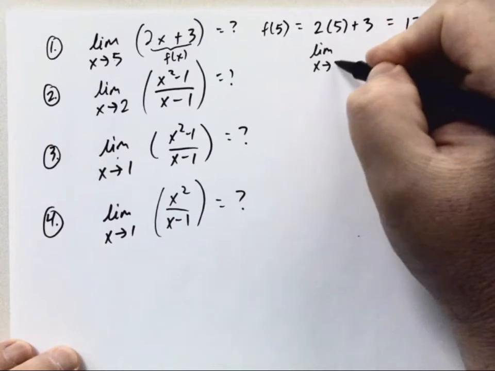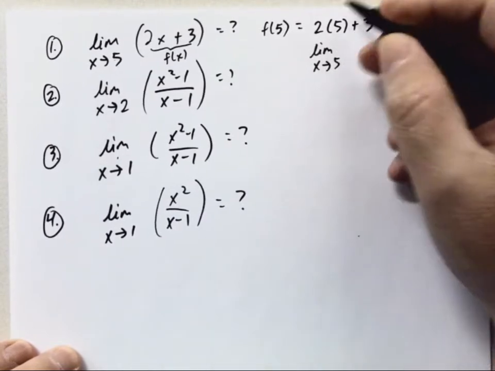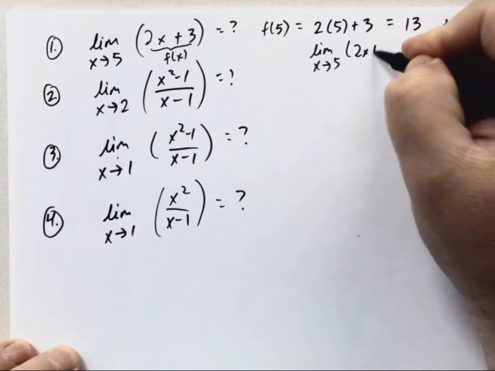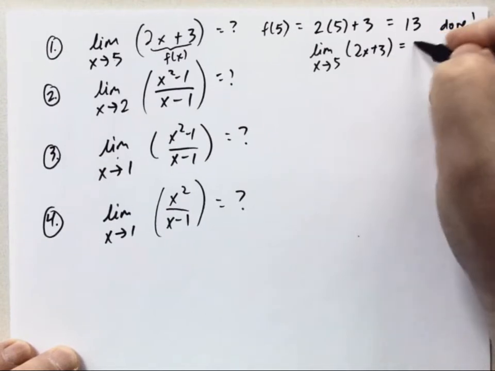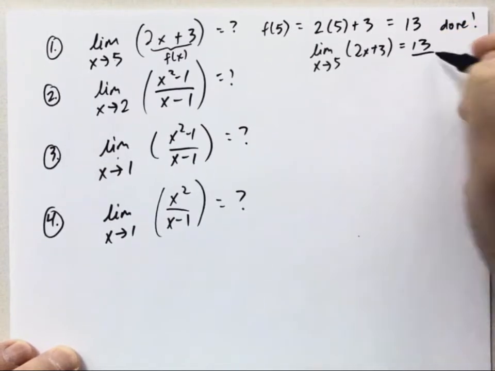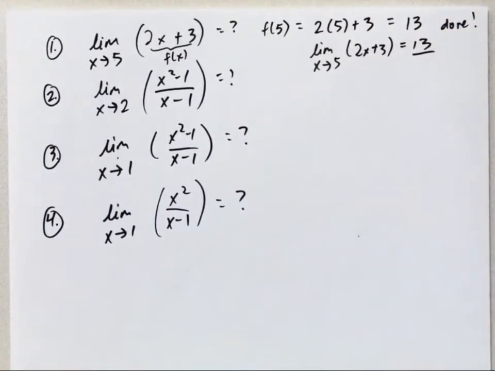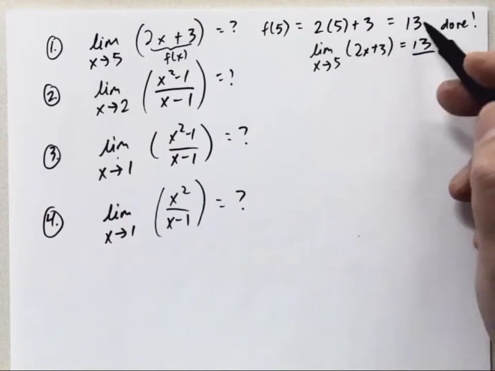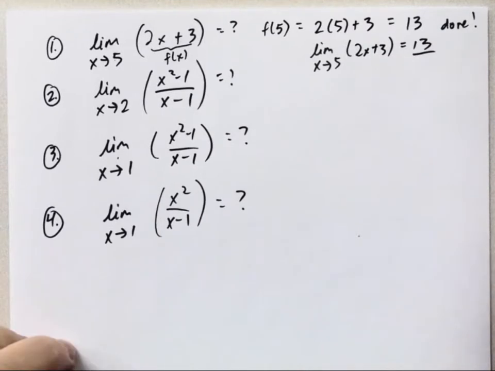And you would say the limit as x approaches 5 of 2x plus 3 equals 13. All right, that's nice when that happens. You just plug in the number for x. If this whole thing equals a number, you're done.